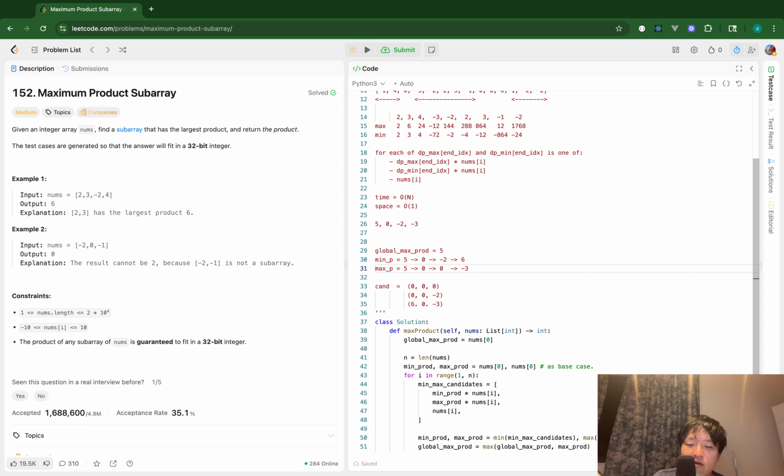So now global max is updated with 6. So I return 6. Okay, this is correct. So it seems like indeed I don't have to take care of the numbers of 0. I don't have to split the array at 0 because I have the choice that I don't choose the previous product, but choose only the current number. That would work.